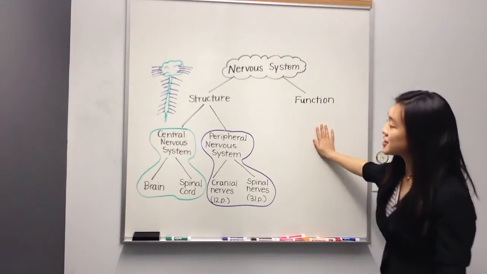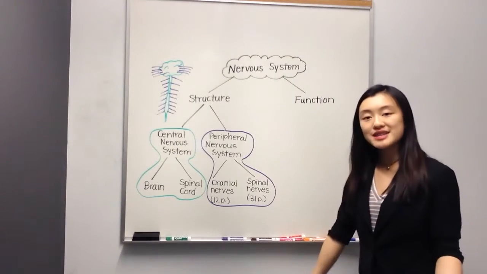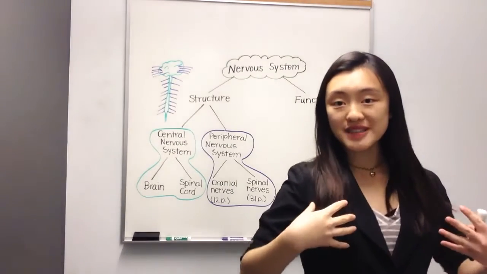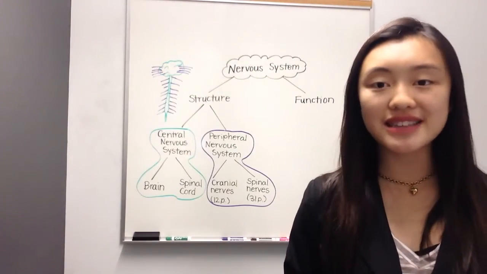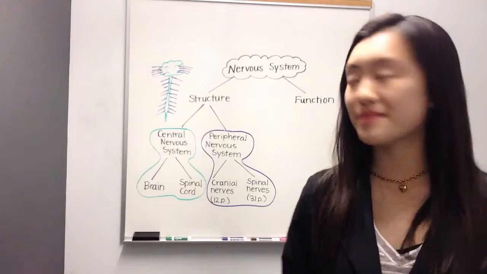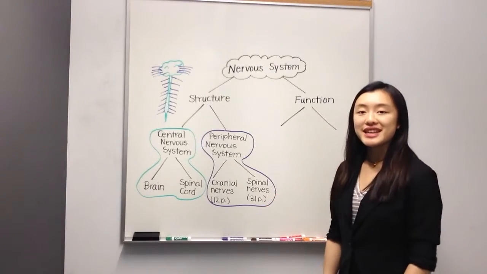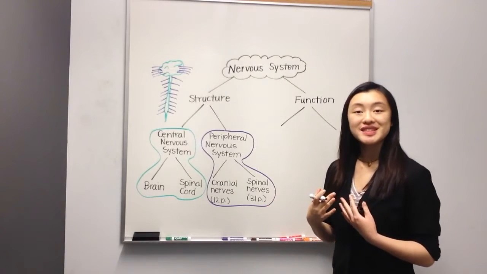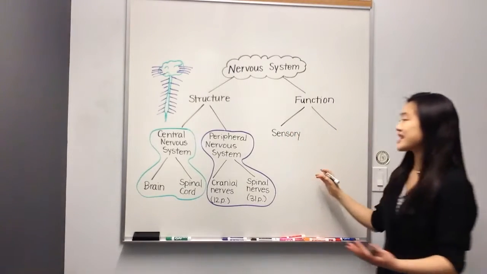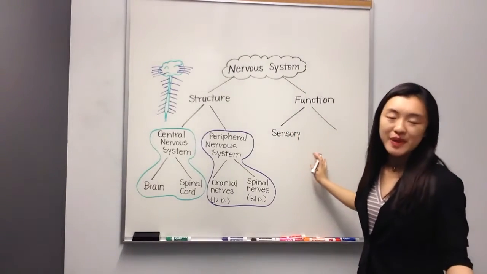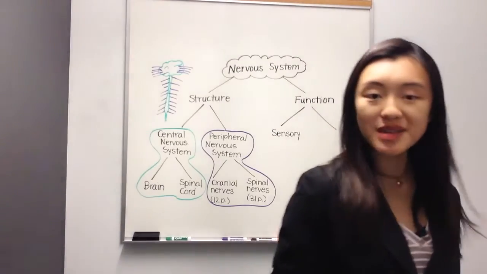In terms of function, we have some neurons that carry messages into our central nervous system, into the brain, and we have other neurons that carry messages away. Neurons that carry messages into the central nervous system are called sensory neurons. And neurons that carry information away from the spinal cord are responsible for producing movement.